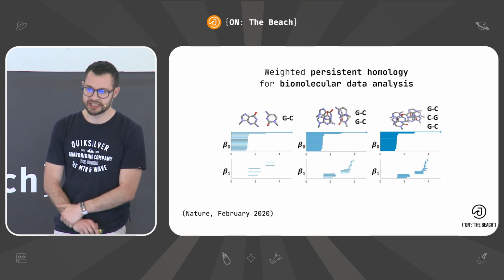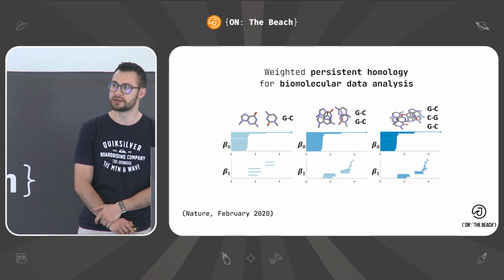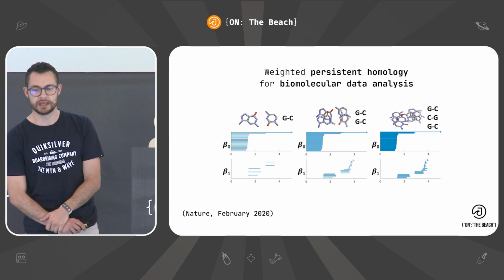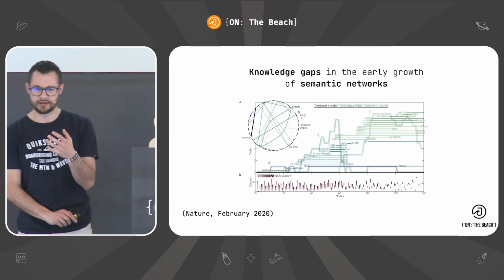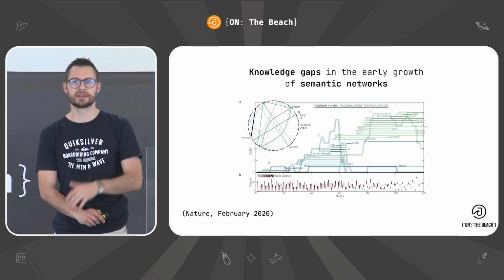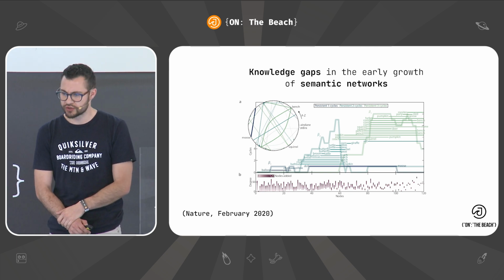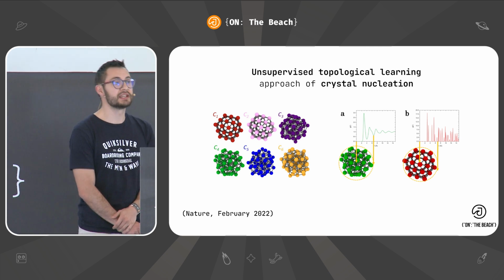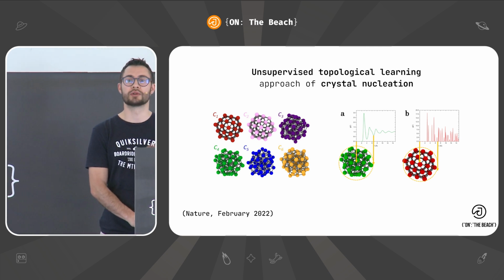It has been used in biophysical chemistry to understand some molecules. It has also been used to model language learning, and also in material science, and in many other fields, more and more.